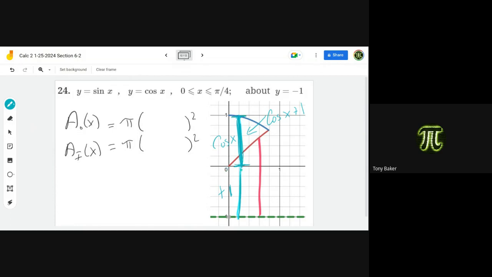And then since we're looking at it to the x-axis, I then have to add the one below the x-axis to get the full radius. So from there to there is cosine, but I'm really coming down to here. So I just need to go another one down. That's where the plus one came from. So my outer is cosine of x plus 1.